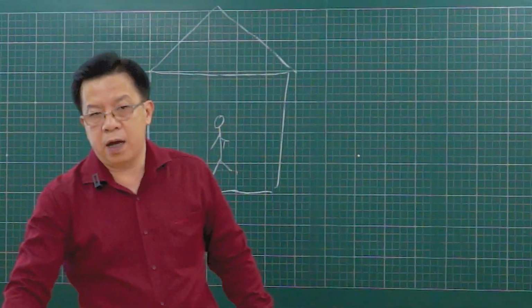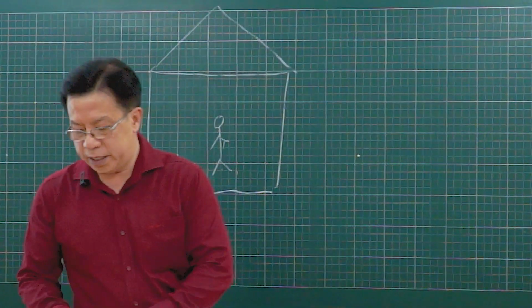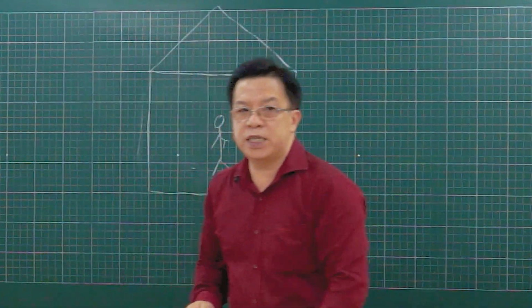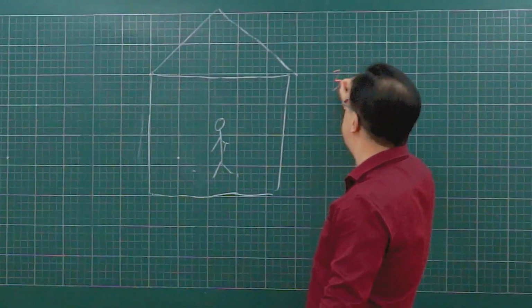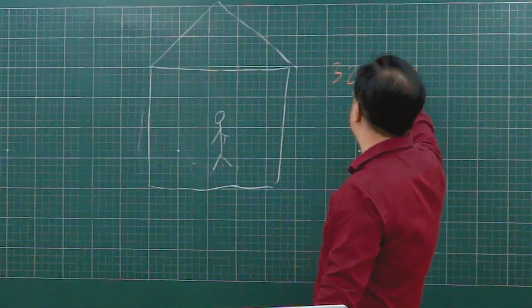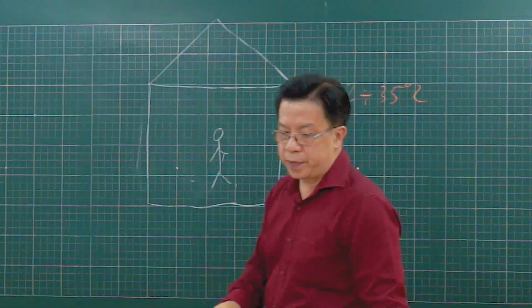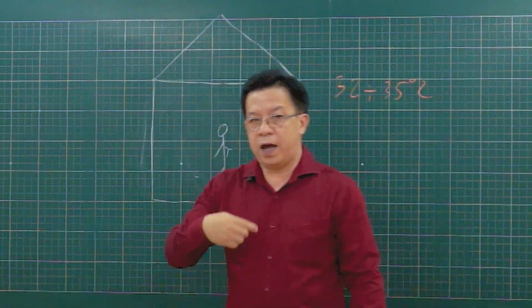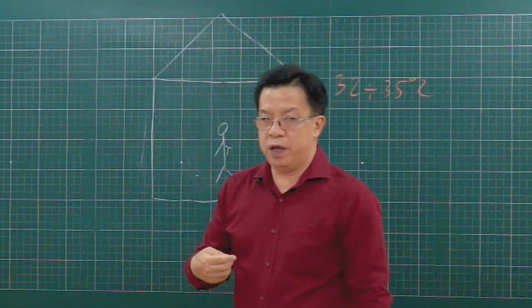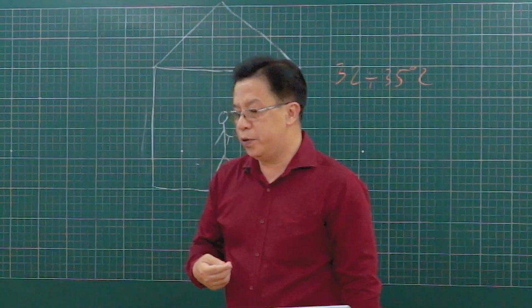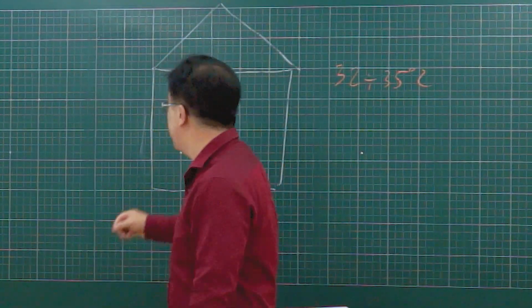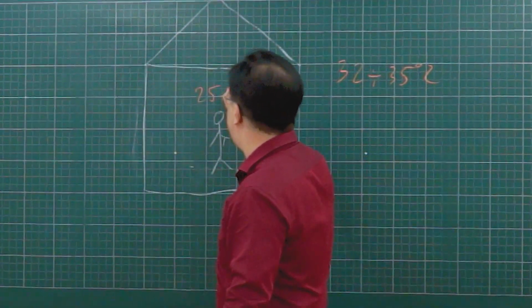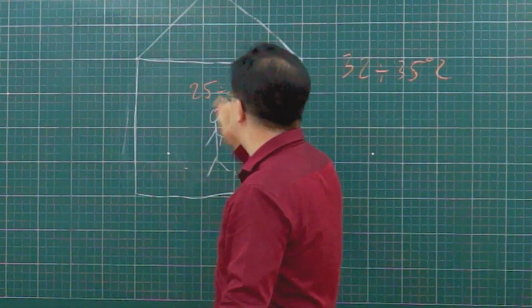Normally, in Ho Chi Minh City, the outside temperature will be about 32 to 35 degrees, which means very hot. Our body will feel very comfortable when the temperature in the room is about 25 to 27 degrees.